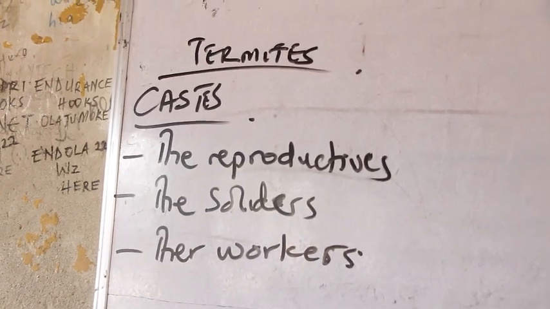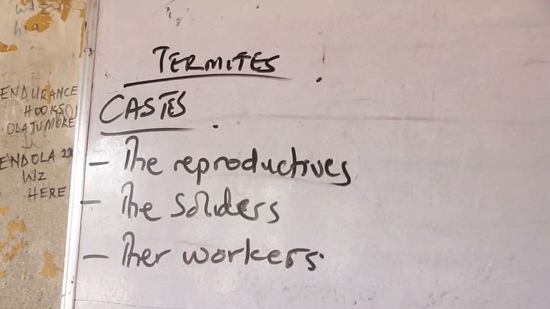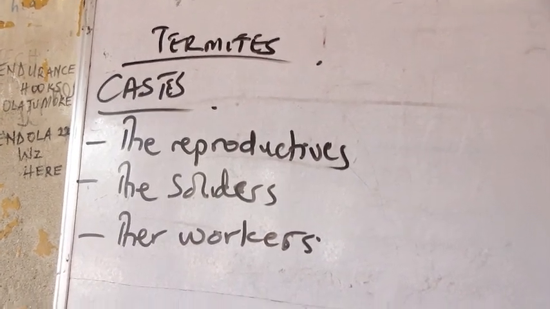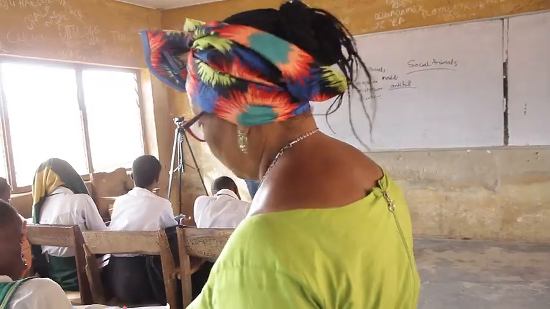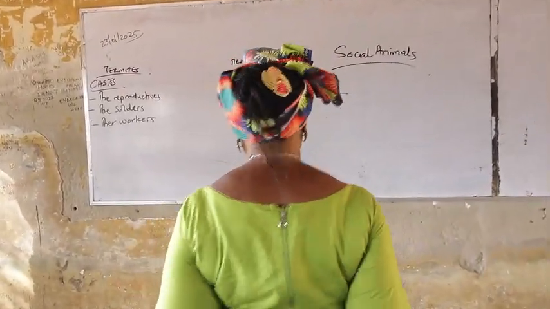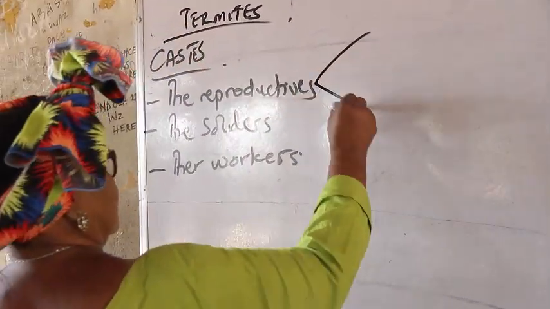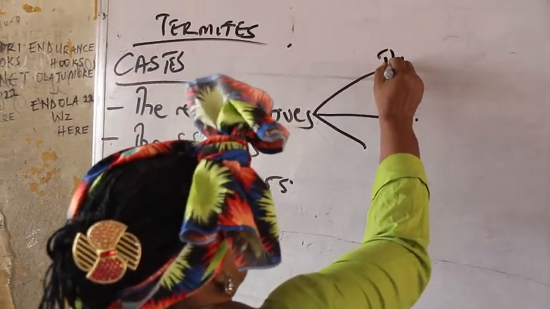So let's look at their characteristics, starting from the reproductive class. They are grouped into three main castes: the reproductives, the soldiers and the workers. Under the reproductive, we have three main types. We have the one we call the king.